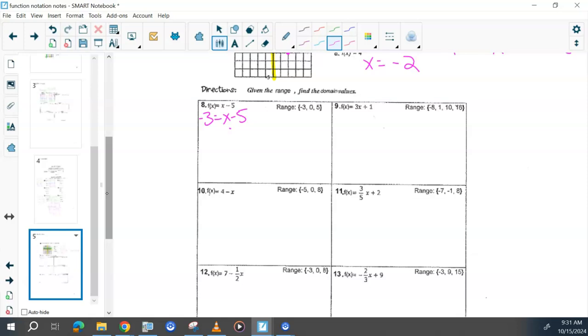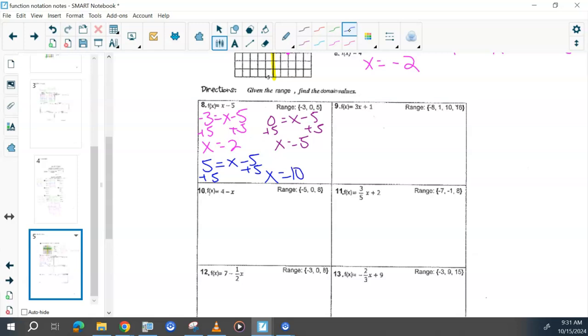Adding 5. So this one, x would equal 2. Then do the same thing with 0. And add 5. So that x would equal positive 5. And then do the same thing with the last one. So that x equals 10.